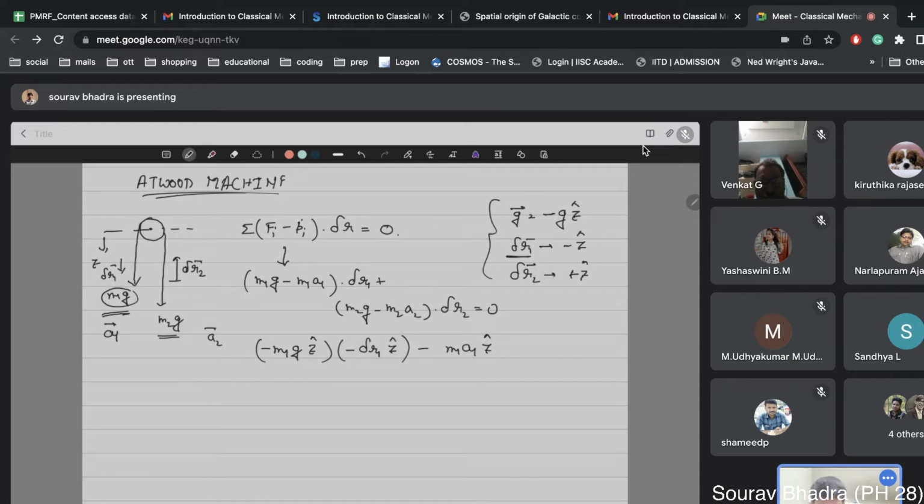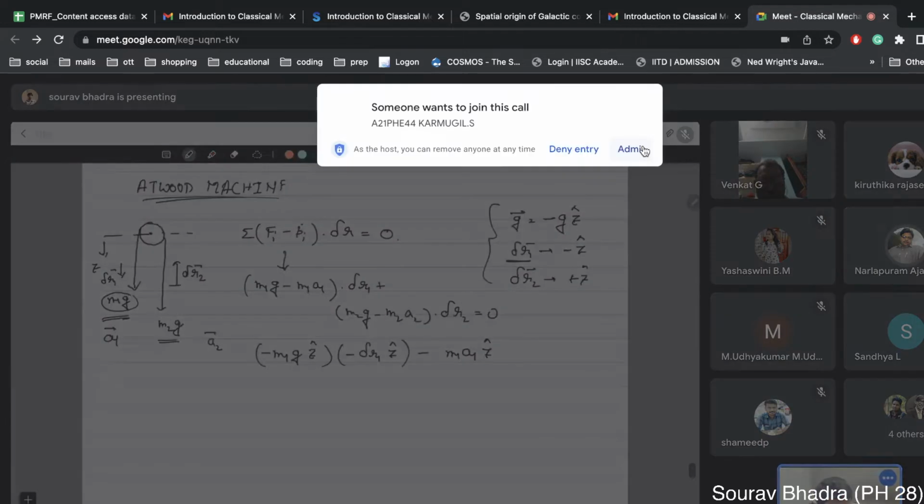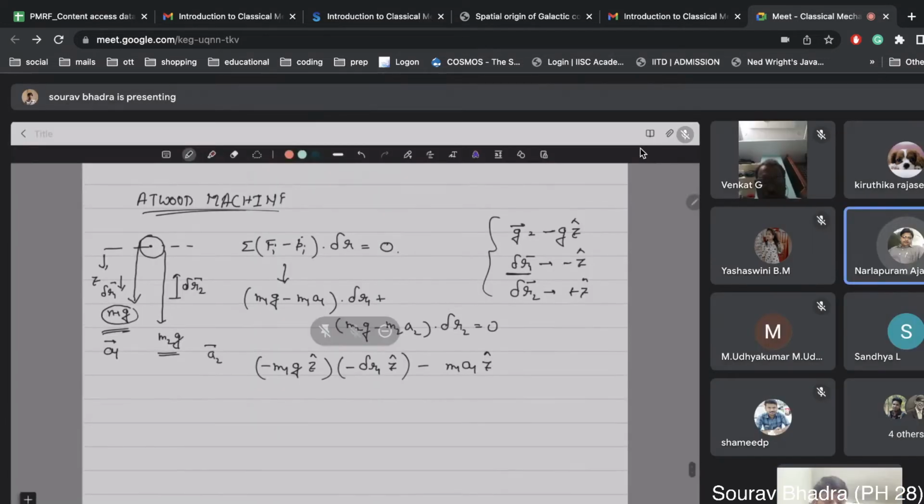Okay, now this is the force which the system is experiencing after applying the force Fi, right?